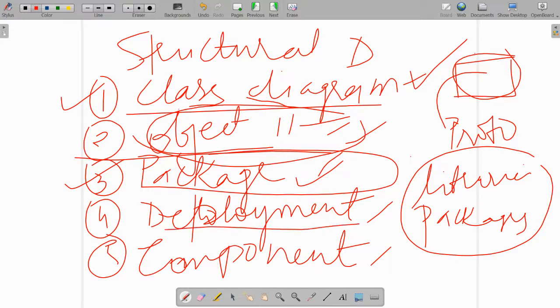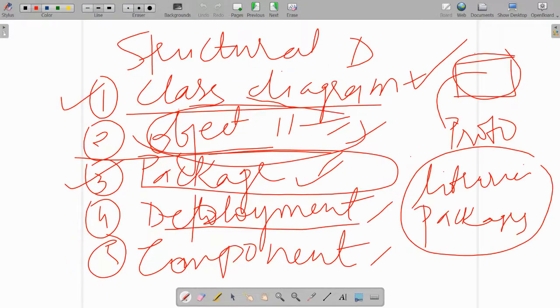Then the deployment diagram. This is the simple one: how hardware and software are implemented or deployed in the system. This is also important, so try to understand the concept.